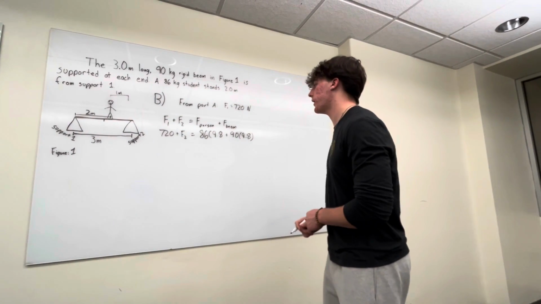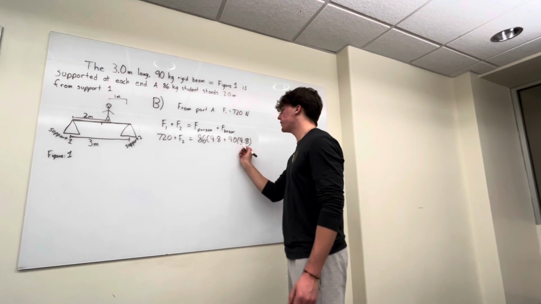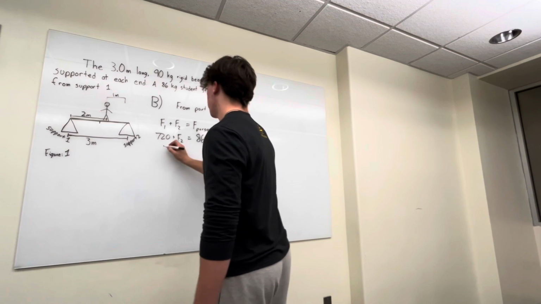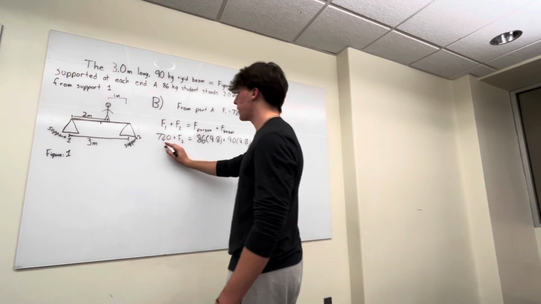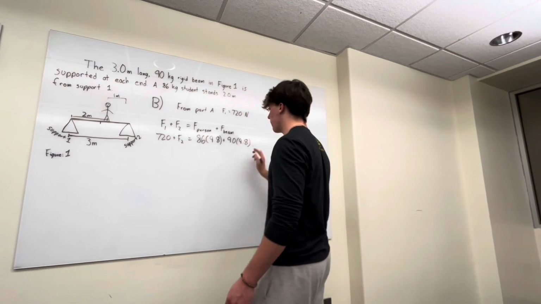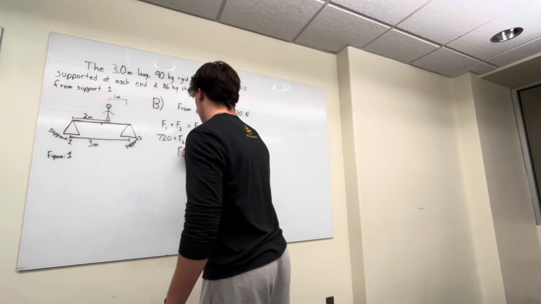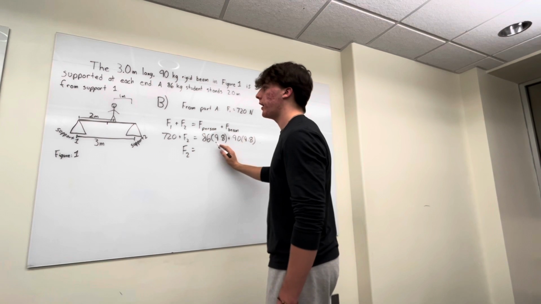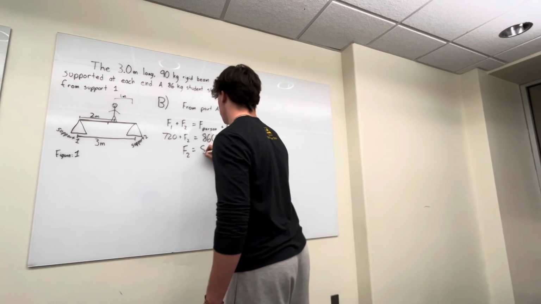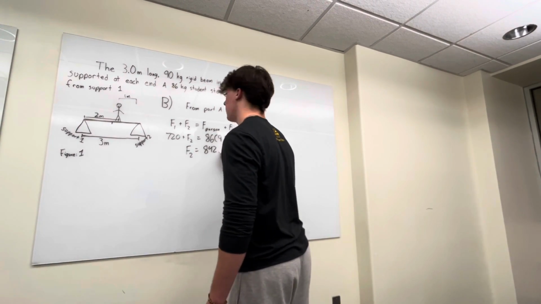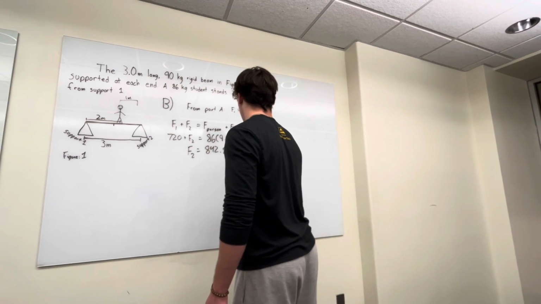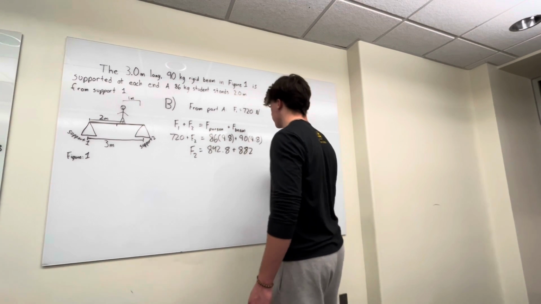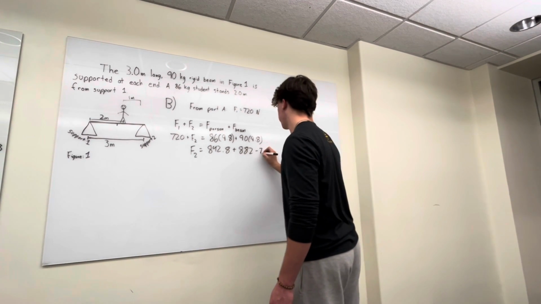All right, so now using our calculator, we can find the force of support 2. First, I'm going to move this 720 over to this side, so we'll have force 2 equals 842.8 plus 882 minus 720.